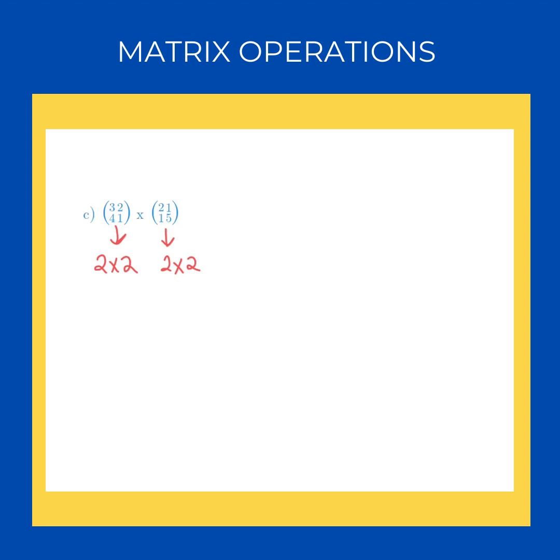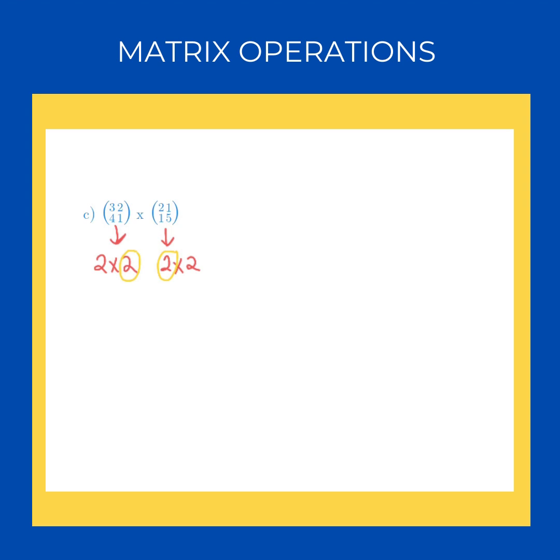Now I have to check the number of columns of the first matrix and the number of rows of the second matrix. If they are equal, then I can do the operation. So the number of columns of the first matrix is 2, while the number of rows of the second matrix is 2. So both are equal, therefore I can proceed with my operation.